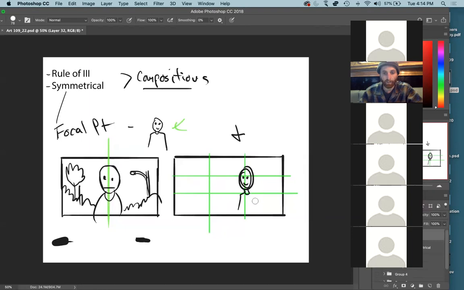So it creates a different composition than the symmetrical one. The default is to put something smack dab in the middle. Sometimes that's cool, and we'll look at some examples of when that is a good thing to use. But when you want to do something different than that direct one, it creates a different feel.